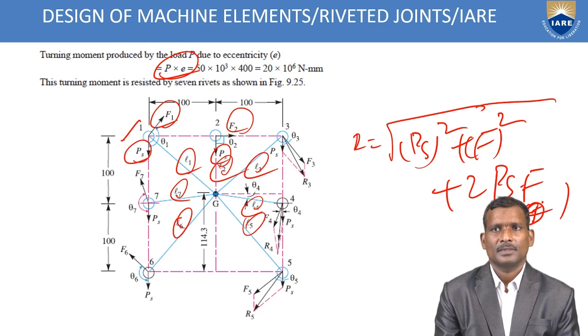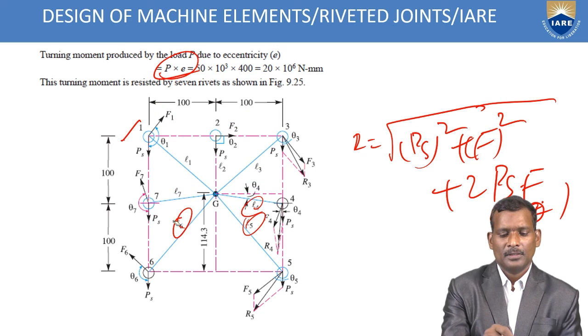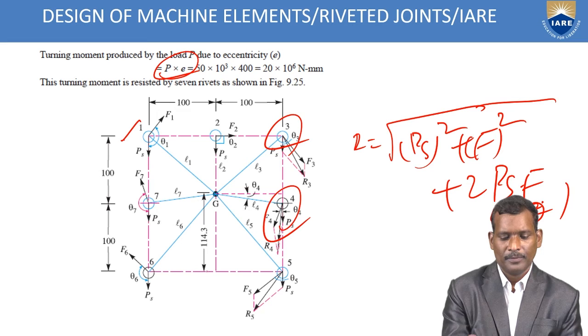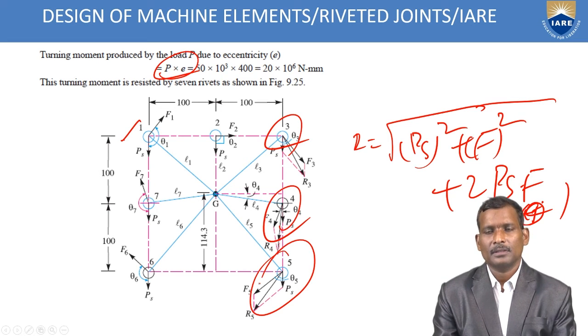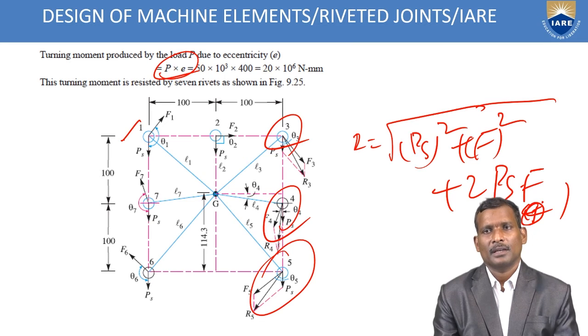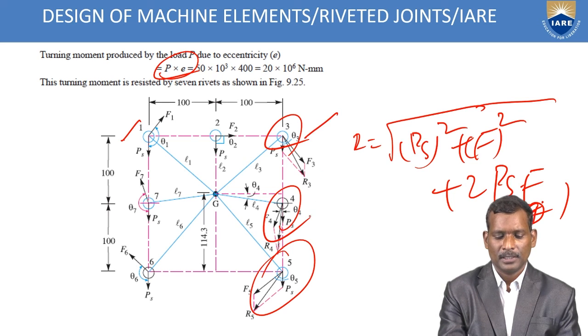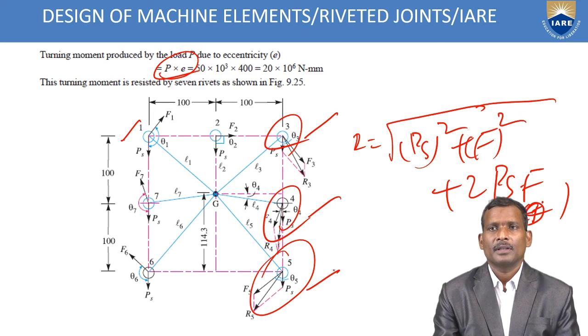These rivets are heavily loaded when compared to the other rivets. You can identify this with the help of these angles, theta 3, theta 4 and theta 5. Clear? 3, 4, 5 heavily loaded.